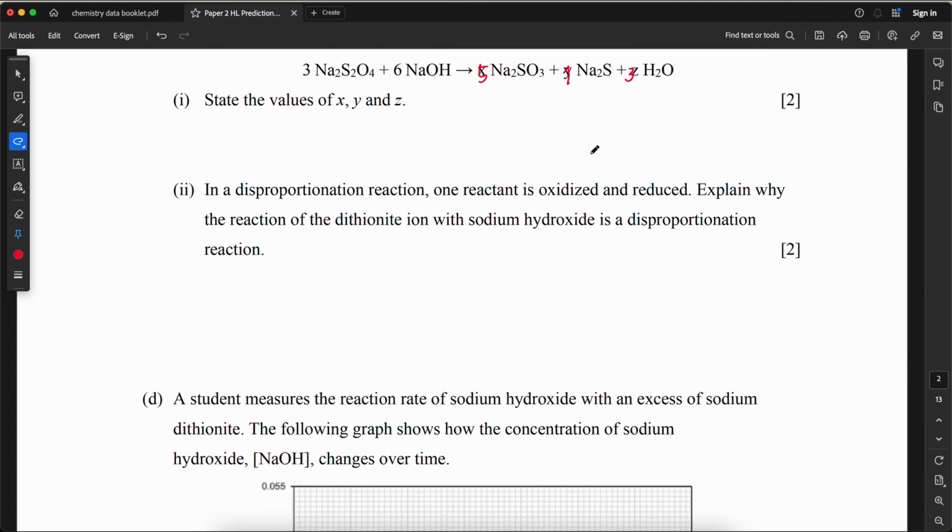In a disproportionation reaction, one reactant is oxidized and reduced. Explain why the reaction of dithionite ion with sodium hydroxide is a disproportionation reaction. A disproportionation reaction is a reaction in which the same element is simultaneously oxidized and reduced.